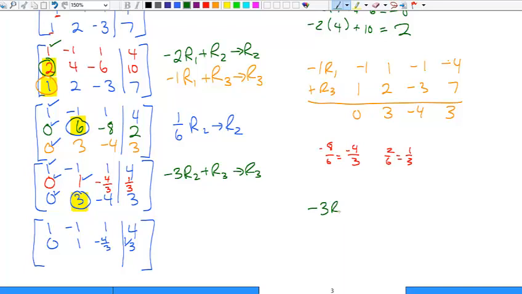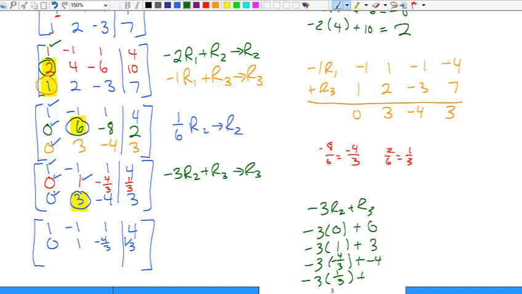Negative 3 times row 2 plus row 3. My row 2 is 0, 1, negative 4/3, 1/3, plus my row 3, which is 0, 3, negative 4, and 3.